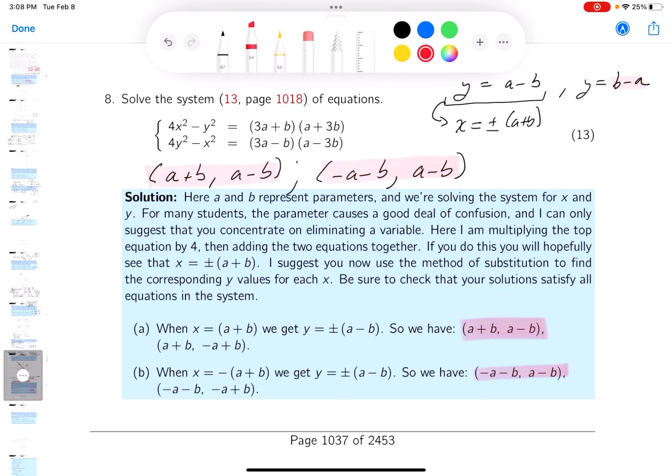If you do this, the b minus a, right? By the way, this is b minus a. It's the same thing. You're going to get those answers. This you should do on your own if you haven't done so already. It's easy. We just went through a bunch of them.